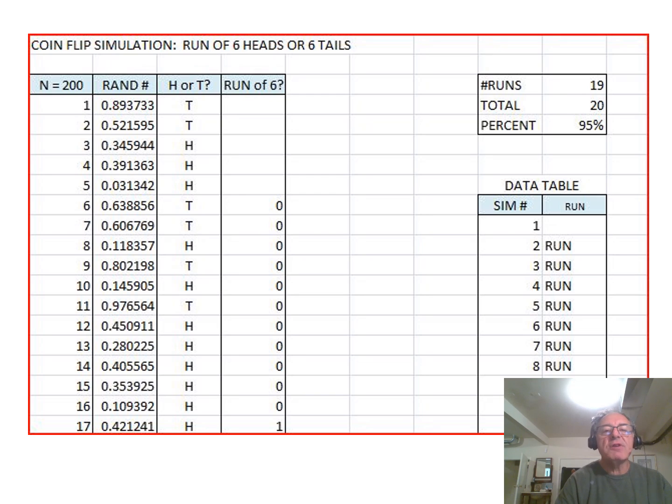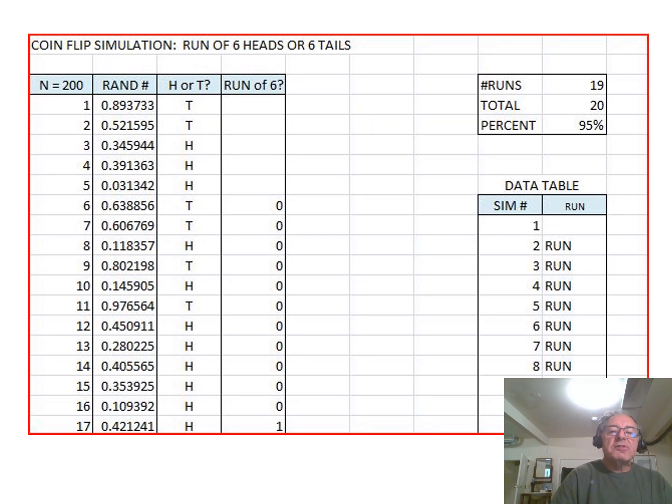I did 200 random numbers, asked for simulation 1, do I have a run, and then do it again and again and again. I'm sorry, I did this one 20 times. And in this example, 95% of the time, I did get a run.